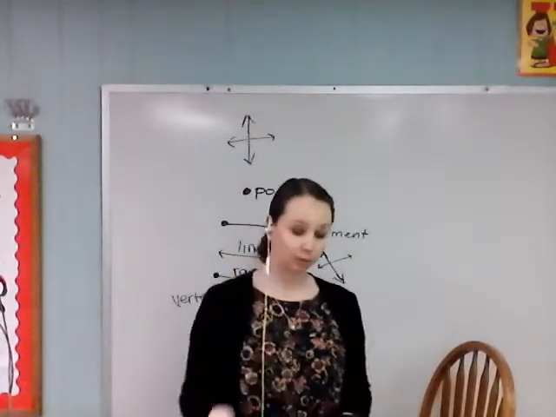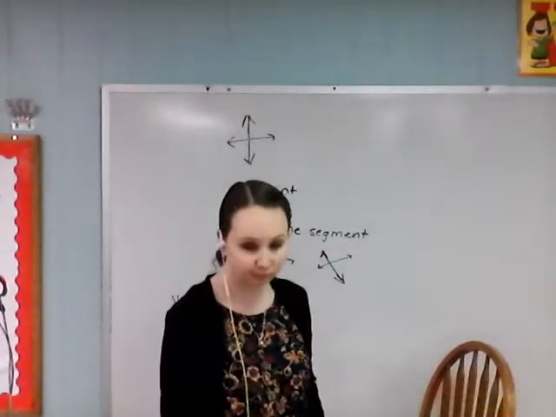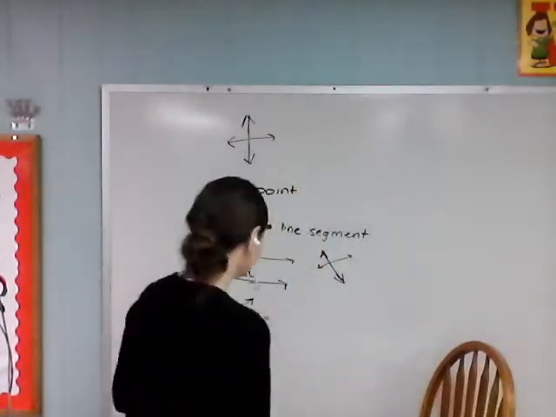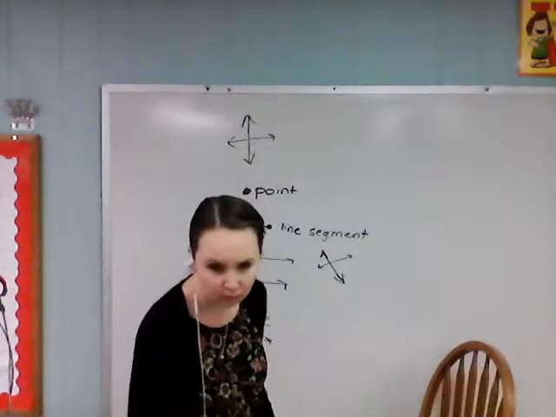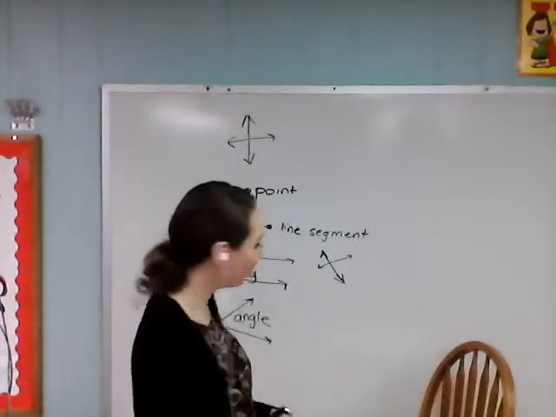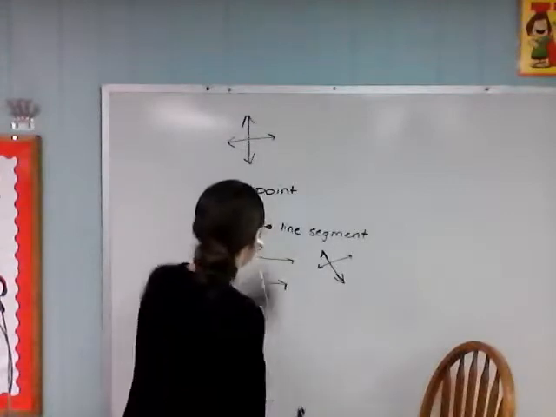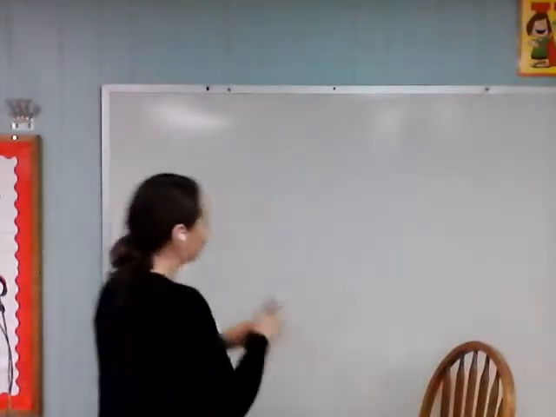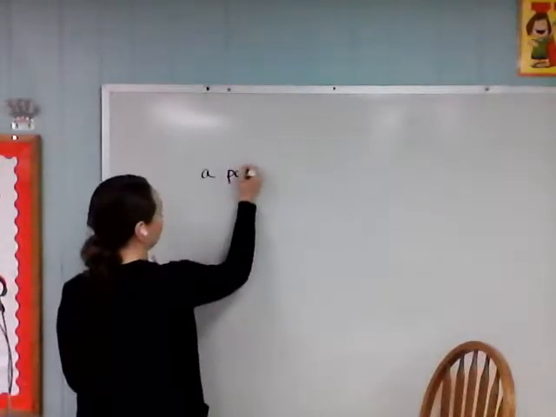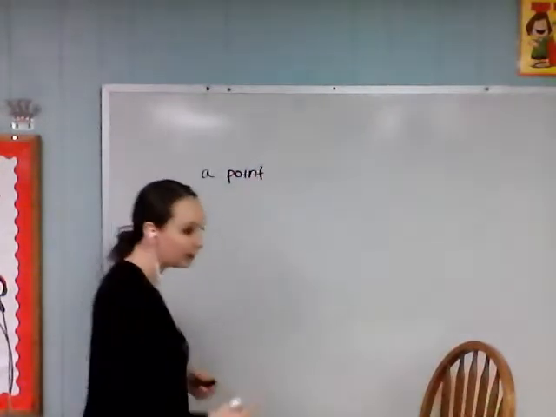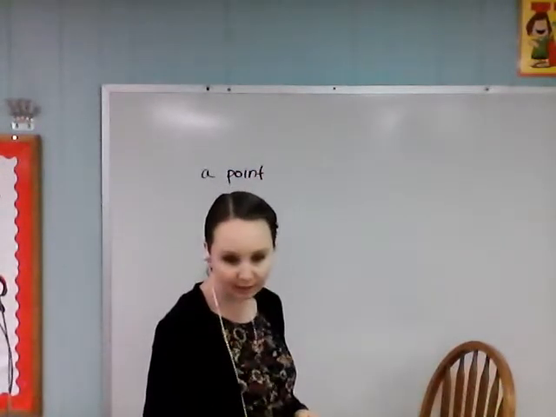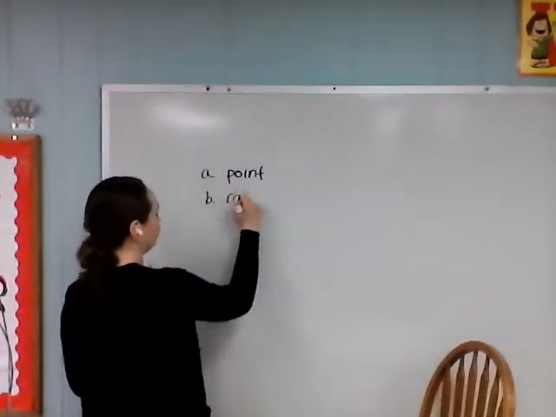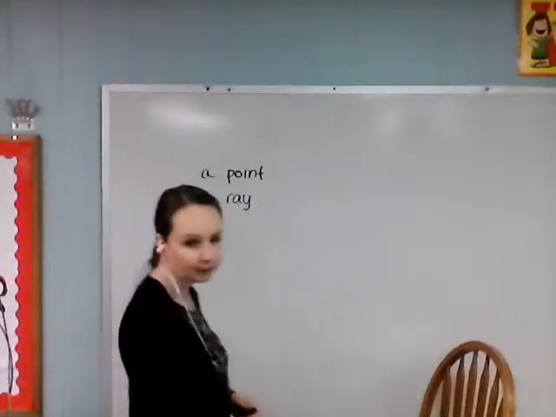So we're going to do section 1. Austin, tell me, 1A, what is that? It is a point. Good. So everybody have 1A written down as a point. So let me write that on here. A is a point. Liliana, what is B? It is a ray. Very good job. So B is a ray.